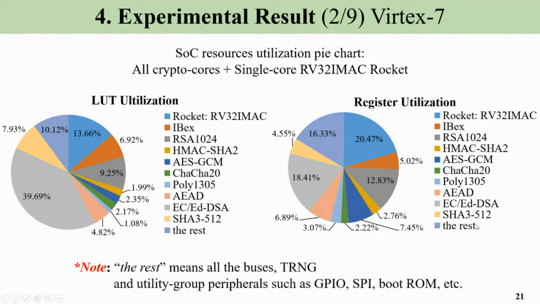The rest is just mainly the buses and the GPIO and boot RAM, etc. So you can see that the Rocket still holds, I think, the big register, and the RSA with all of the sub and a large number of bits, and the comparator holds a lot of combinational logic, and the rest is very small, like AES, SHA-3, Poly, ChaCha hold a very small percent of the lookup table and register.